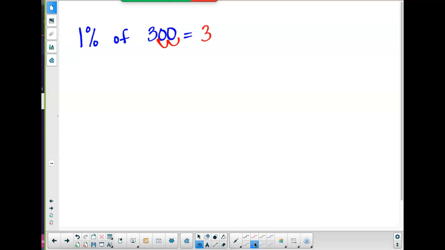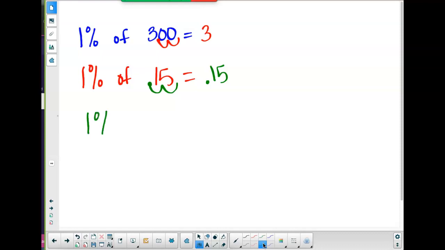If I want 1% of 15, Brinley. Careful, we have to move it 2 places. Yeah, when we move it 2 places, it's 0.15. Okay, 1% is a very little amount.